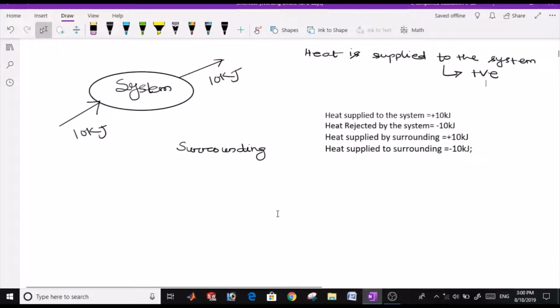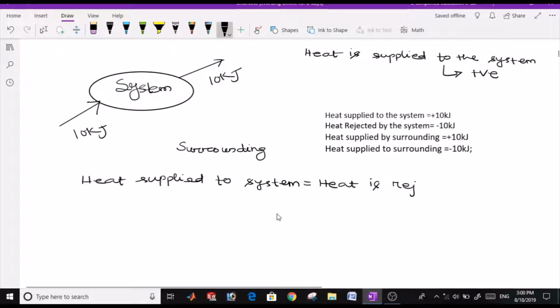Similarly, as in the case of work transfer, we have discussed the surroundings. When heat is added to the surroundings, what will happen? When heat is rejected to the surroundings, what will happen? When heat is supplied to the system, it means heat is rejected from the surroundings.